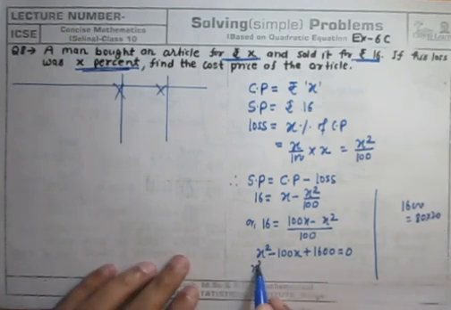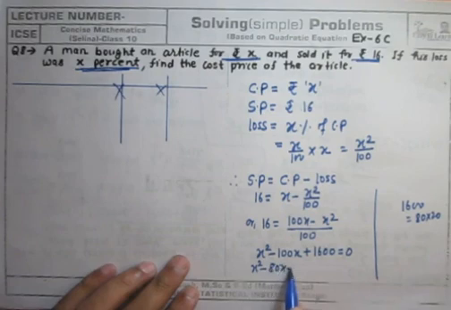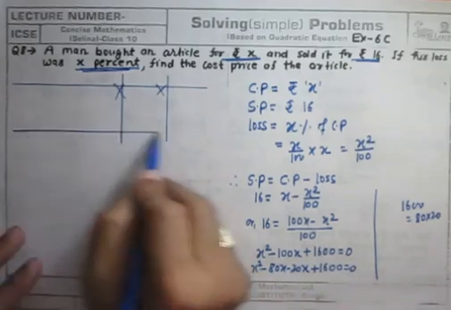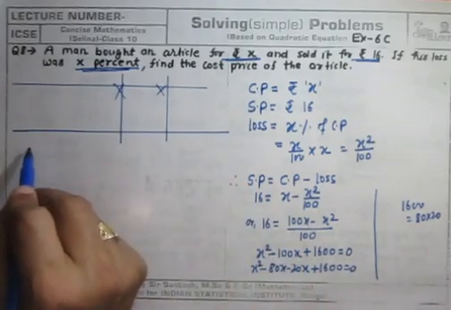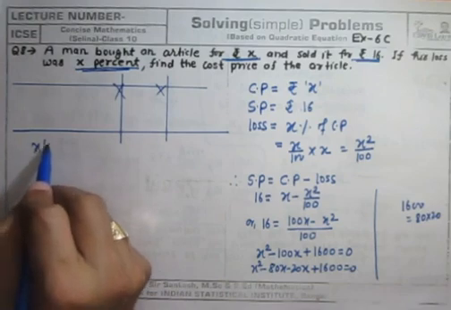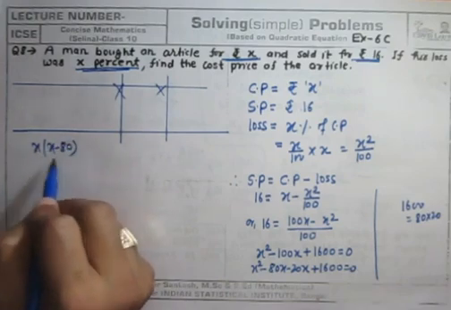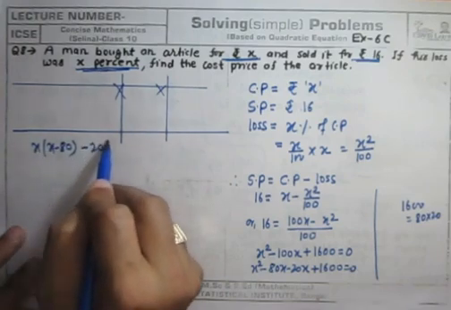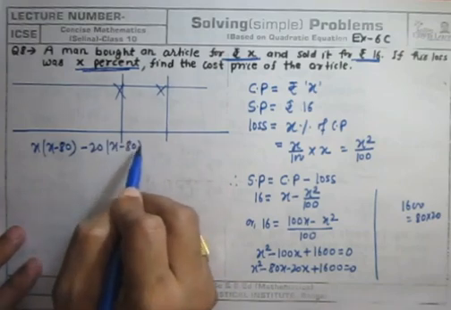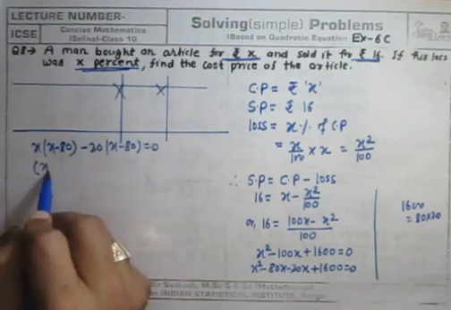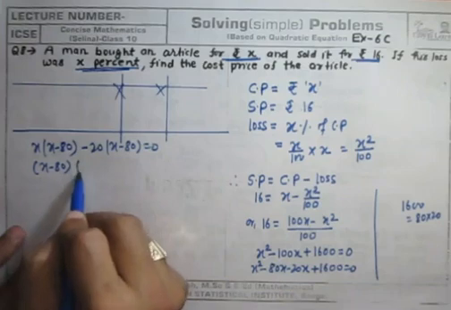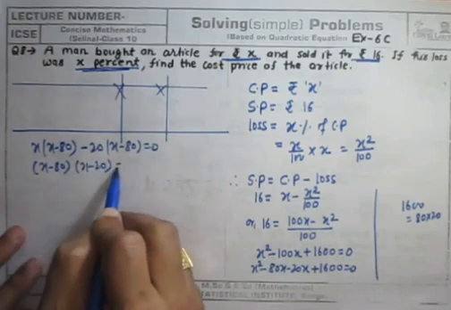So it is x square minus 80x minus 20x plus 1600 equal to 0. Now after this, I'm going this side. So x common, x minus 80, minus 20 common, x minus 80 equal to 0. So we are getting x minus 80 into x minus 20 equal to 0.